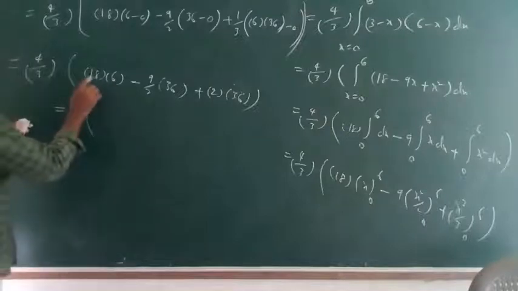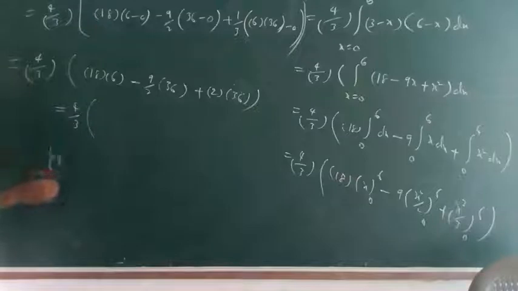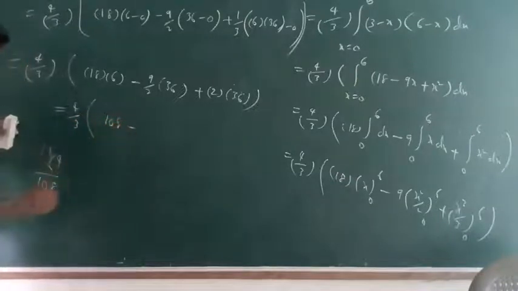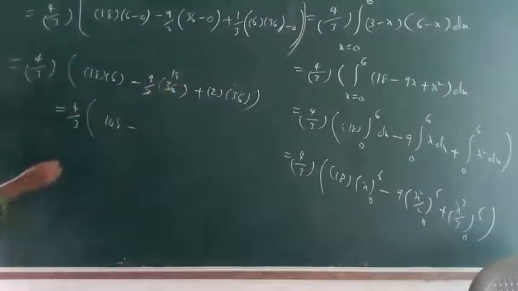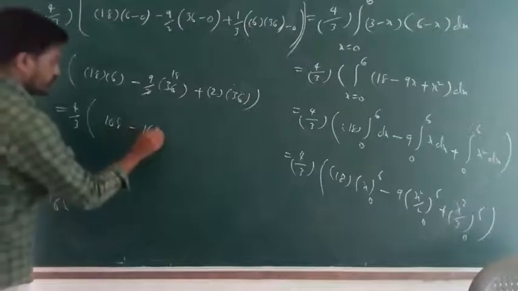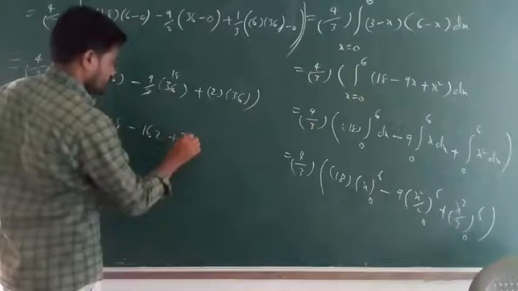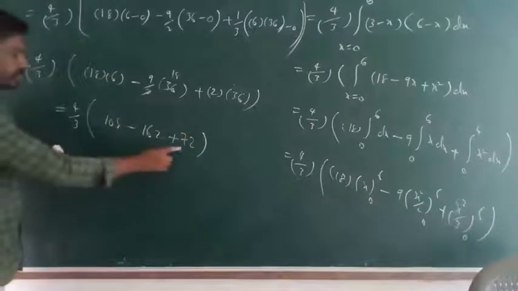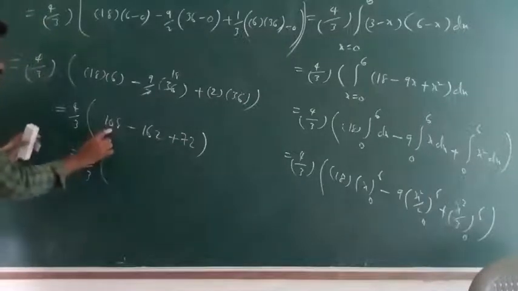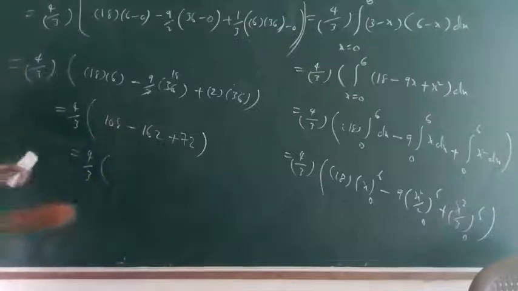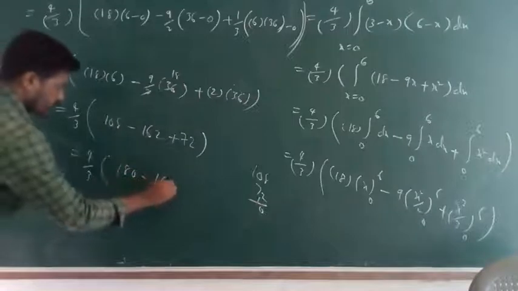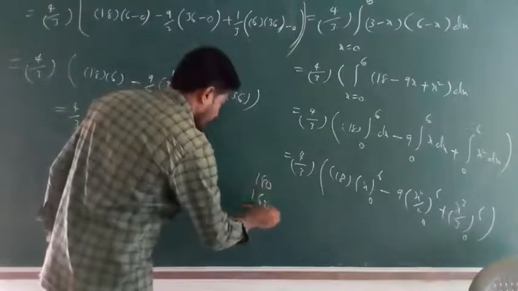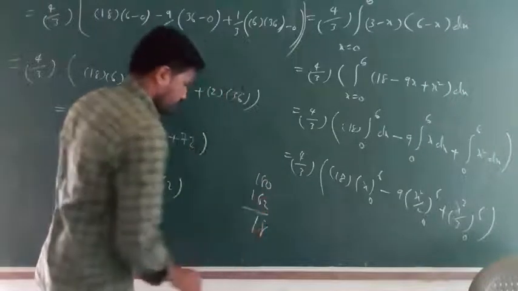So 4 by 3 into (108 minus 162 plus 72). 72 plus 108 is 180, minus 162 is 18.